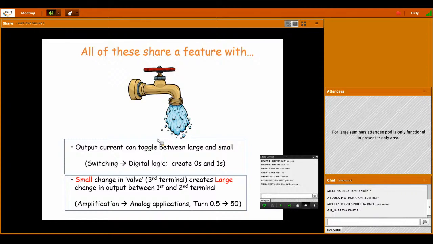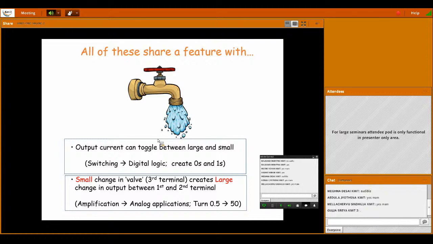Now this is a practical example. We will interpret that into a theoretical electronics concept. Your transistor is an example of a semiconductor device like your PN junction diode.